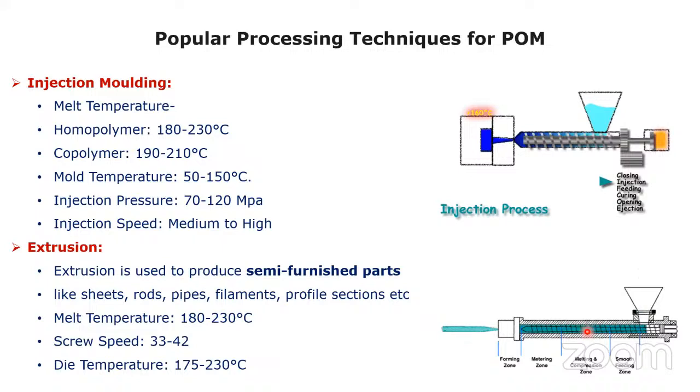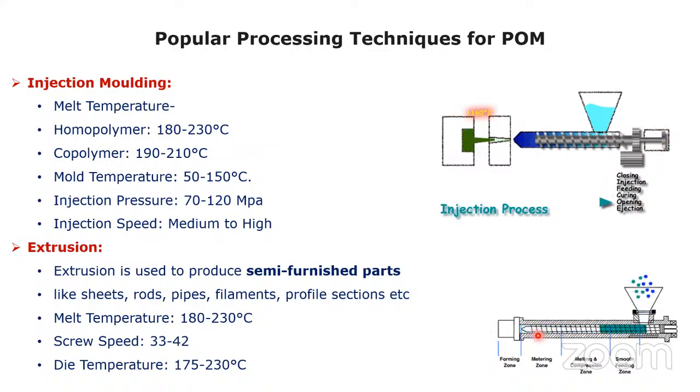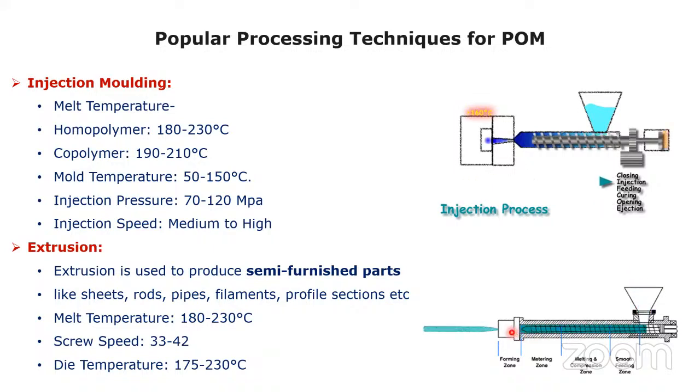In that forward direction, it will get melted in the melting and compression zone. Again by the rotation of the screw, your material will be pushed forward, come to the metering zone, and lastly enter your die portion.